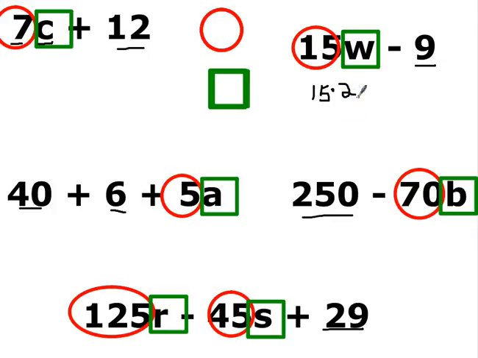So now I know that this is going to be 30, but I'm still going to subtract 9 from it. Okay, that's a little sneak peek into what we're going to be doing a little bit later. Right now you're just learning the vocabulary and what coefficients and variables are.